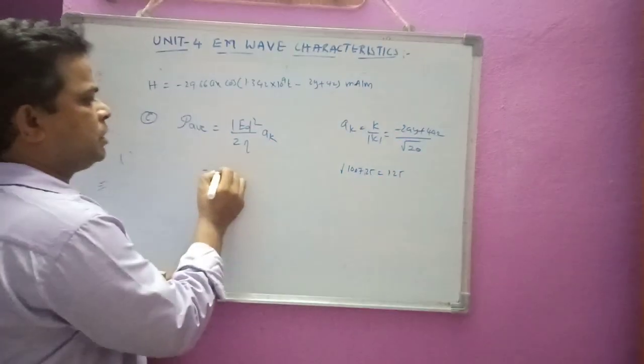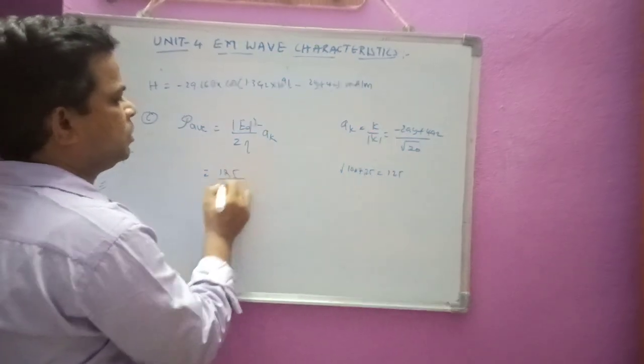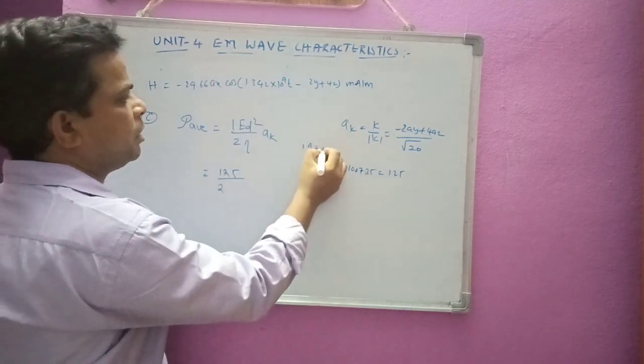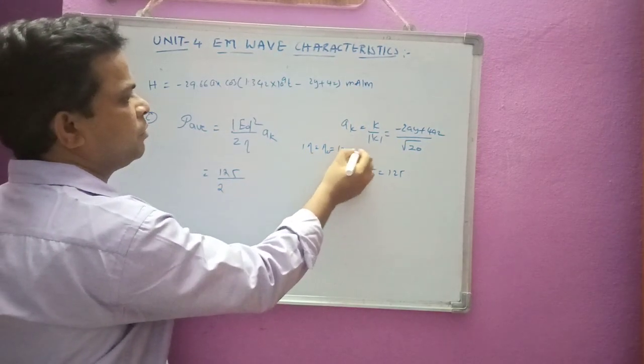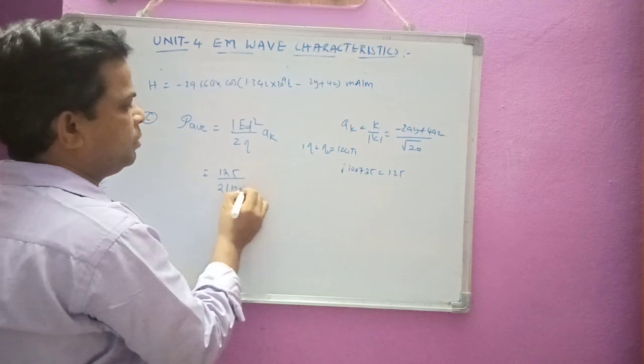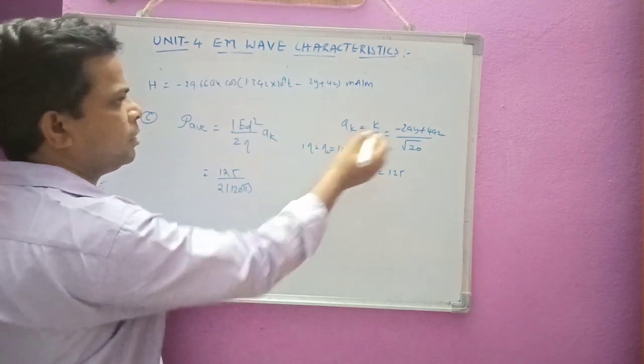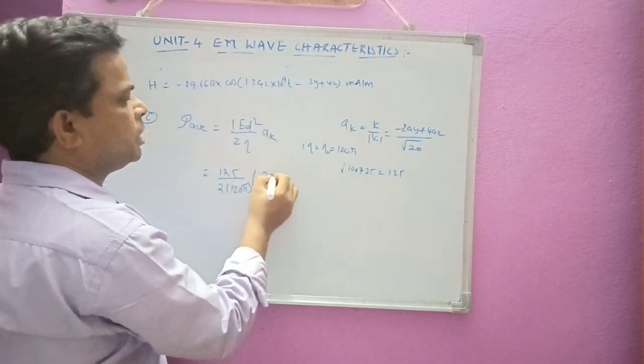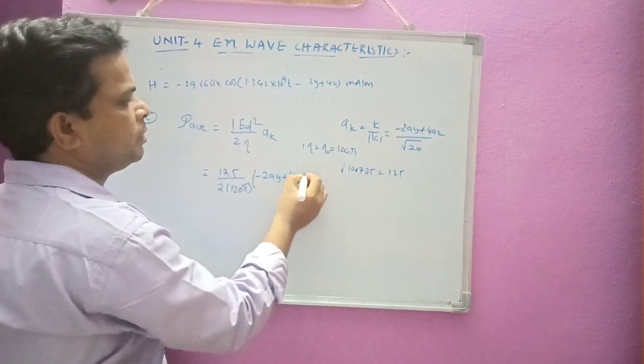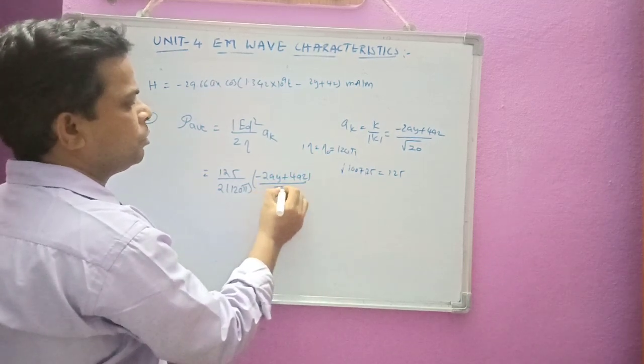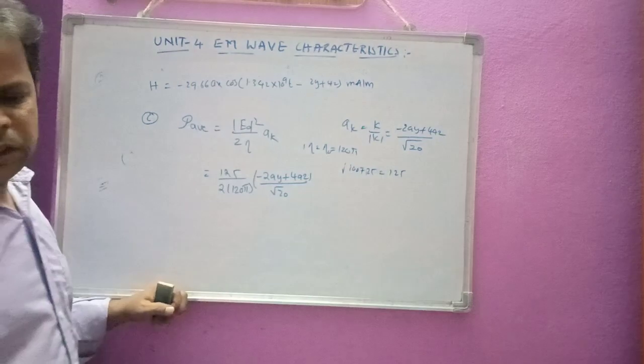So I can write here 125 by 2 into eta, where eta naught is equal to 120 pi, into AK, which we have already got here: minus 2AY plus 4AZ by root 20.